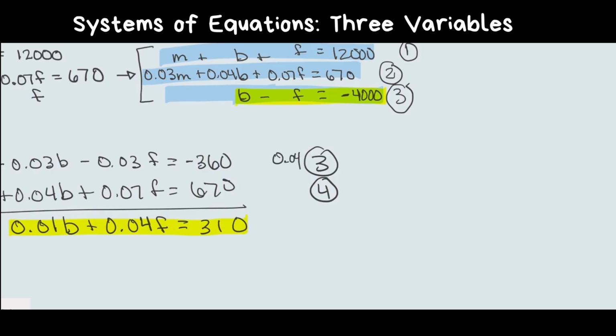So I'll have 0.04B minus 0.04F equals negative 4,000 times 0.04, which would be a negative 160. Equation 4, I'm not changing.